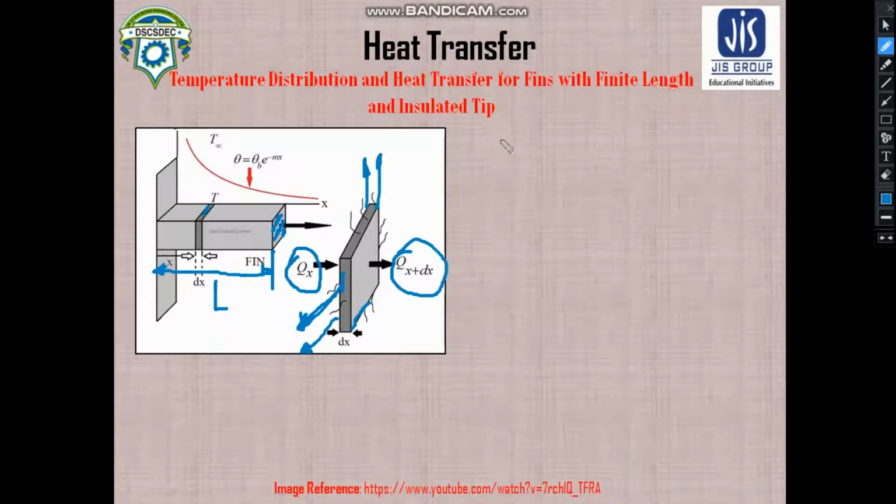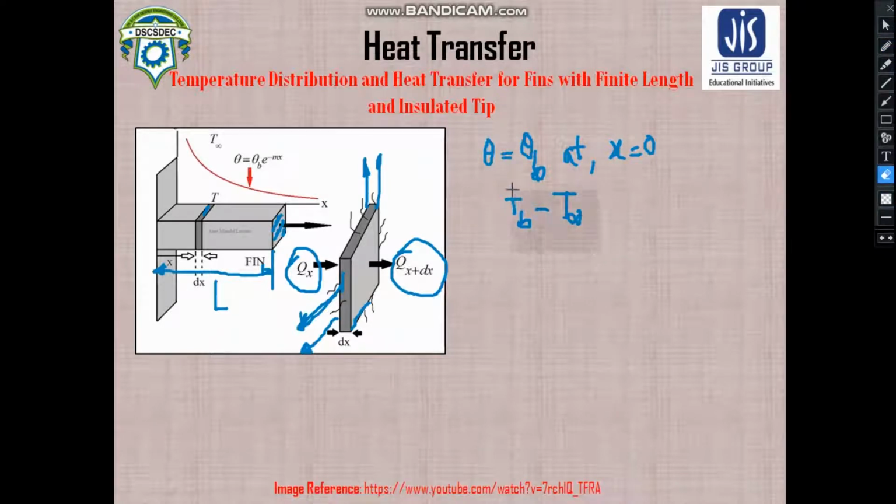So if you remember the first case, theta is equal to theta b at x equal to 0, that means at the base theta is equal to theta b. At the base the temperature difference is Tb minus T infinity, where Tb refers to the base temperature and T infinity refers to the surroundings temperature.